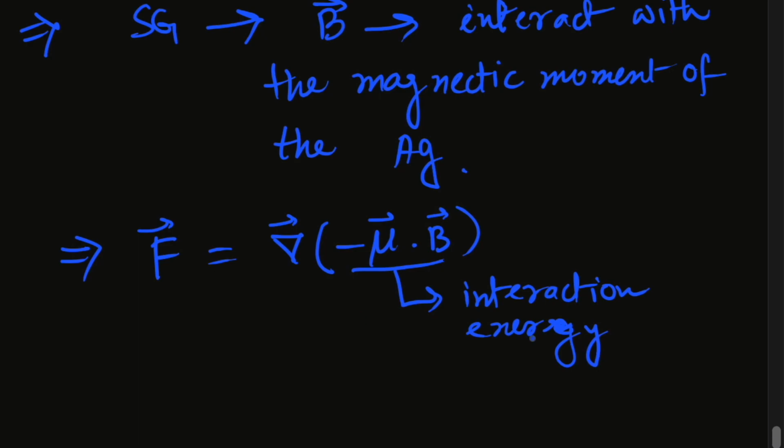Interaction energy of that Ag atom, which has a magnetic moment mu, when an external magnetic field B is applied on that Ag atom.